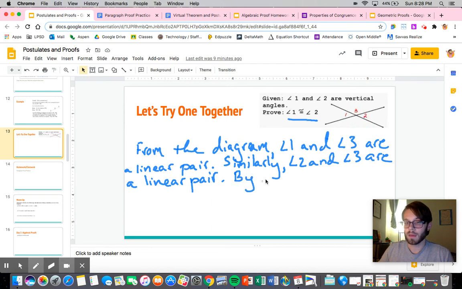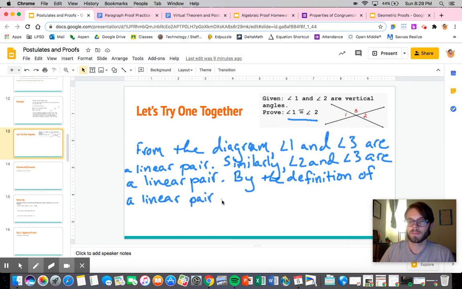By the definition of a linear pair, the measure of angle 1 plus the measure of angle 3 equals 180.